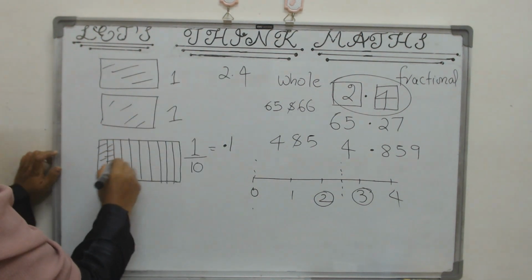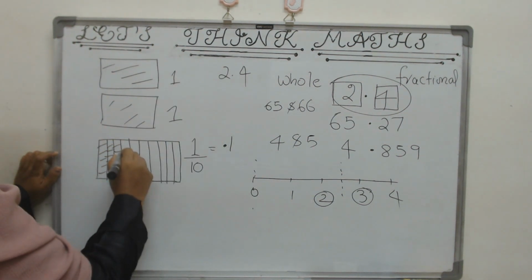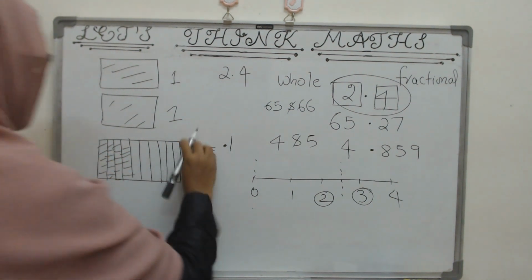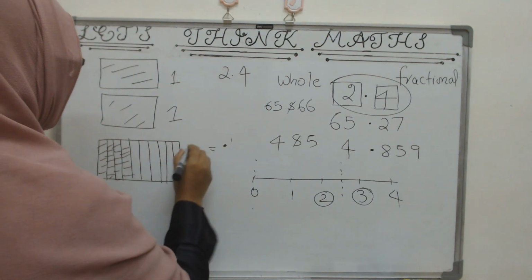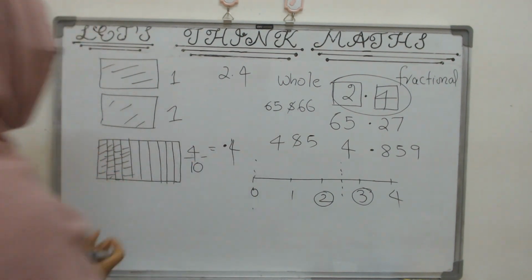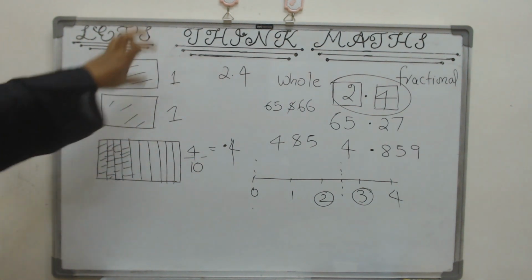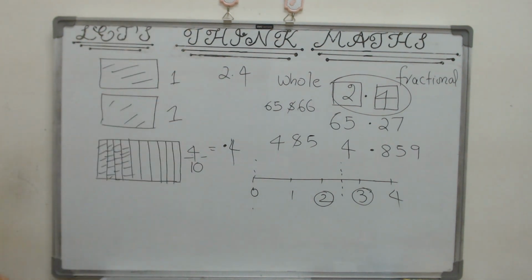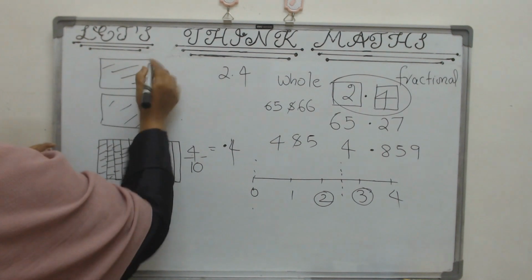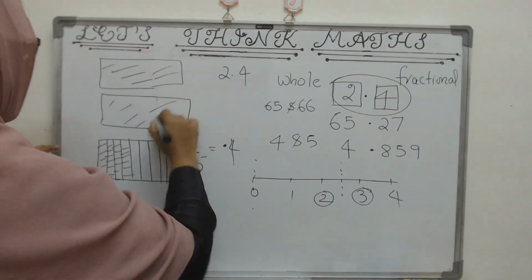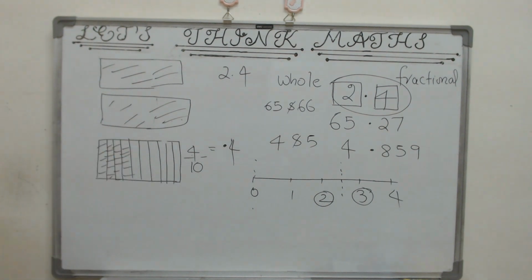See, 4. So 2 out of 10, 3 out of 10 and 4 out of 10. So there, this is how the pictorial representation of 2.4 looks like. So what is it? It is 2 whole cakes and a bit of the third.